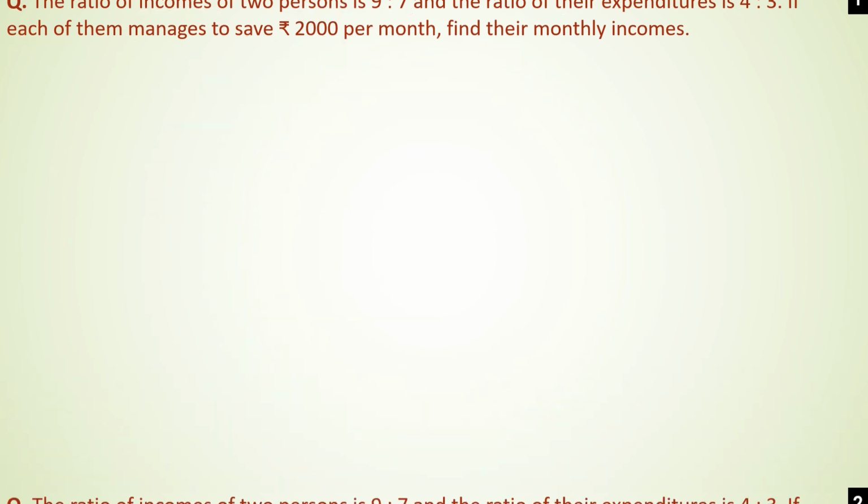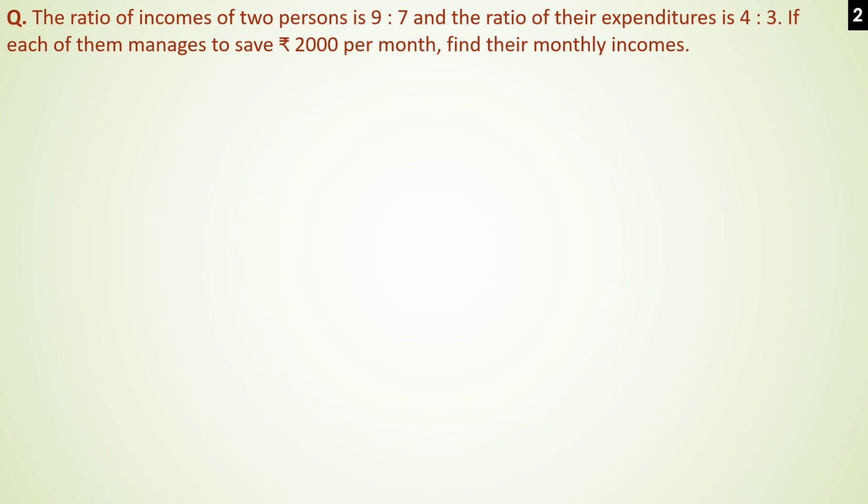So 9x equals 2,000 plus 16,000, that is 9x equals 18,000, and hence x becomes 18,000 by 9, that means 2,000.